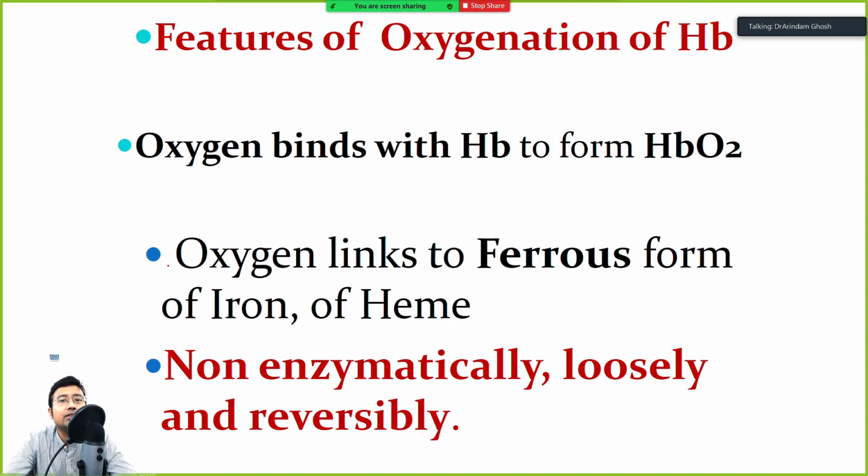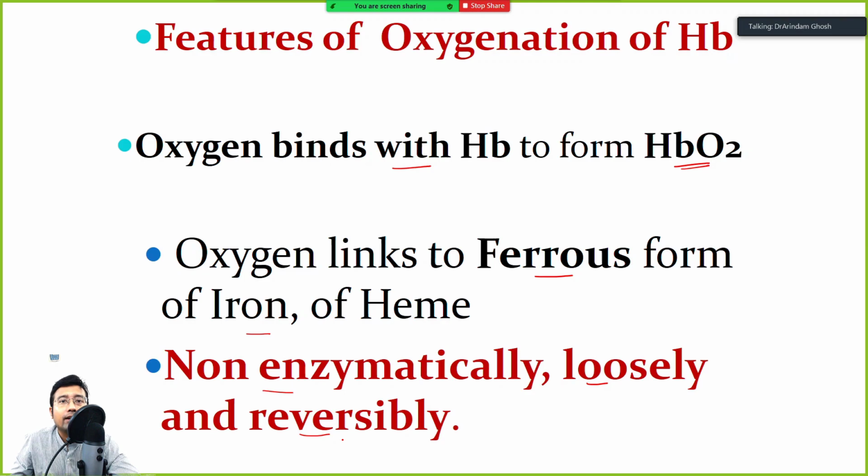So what is the feature of, under what condition, or something you should know about oxygenation of hemoglobin? Okay. Oxygen binds to hemoglobin to form oxyhemoglobin, that is known as HbO2. Oxygen links to the ferrous form of iron of heme, and the linkage is done non-enzymatically, loosely and reversibly.